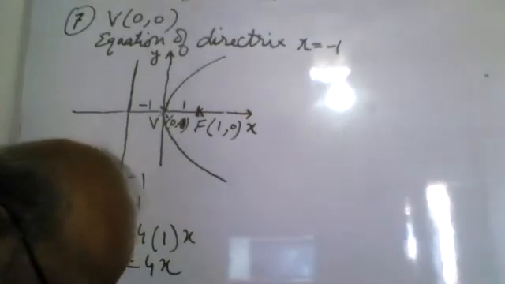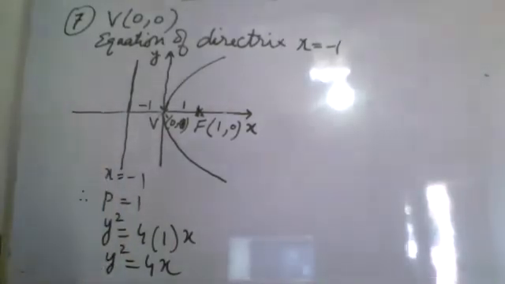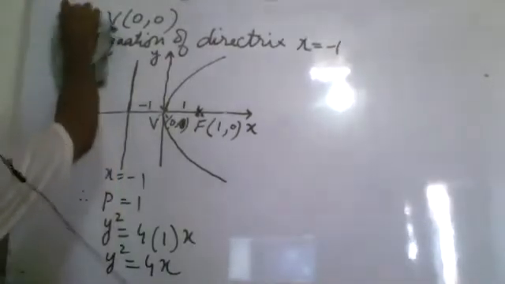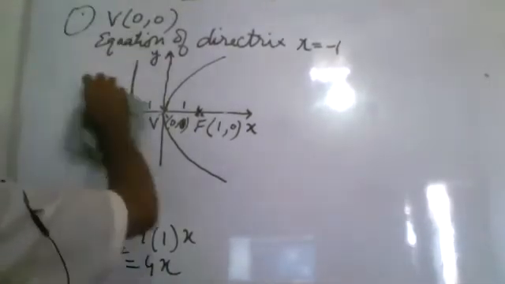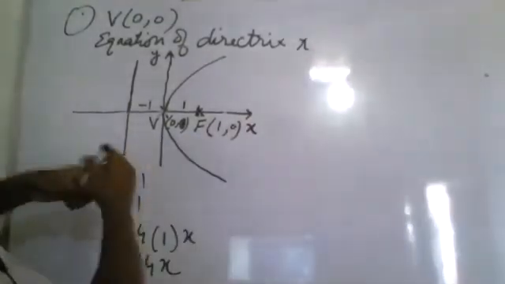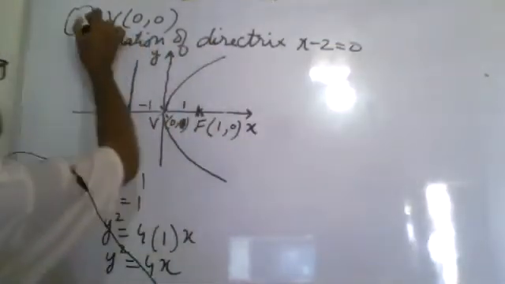Question number 9. Directrix x minus 2 equal to 0, vertex at the origin.